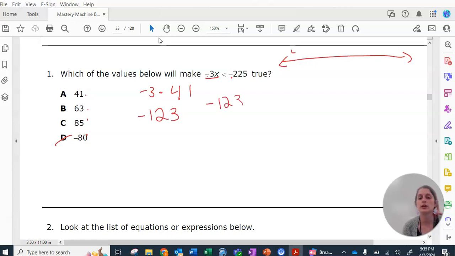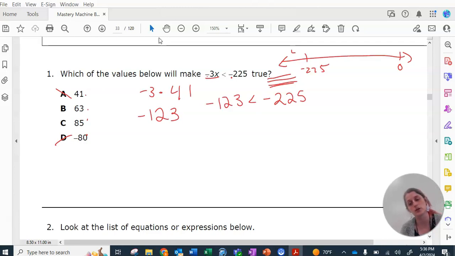Negative 123, is that less than, is that to the left of negative 225? If I have negative 225, and 0 is way over here, is negative 123 on this side? No, so then A is not going to work for us. So you can guess and check negative 3 times 63, negative 3 times 85, and see which one gives you a number that is even more negative or smaller than negative 225.